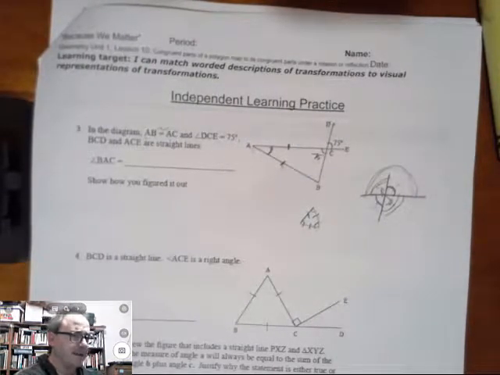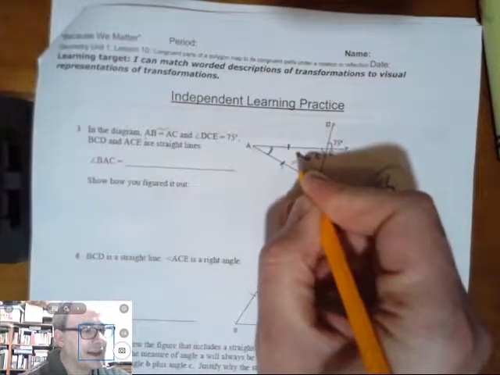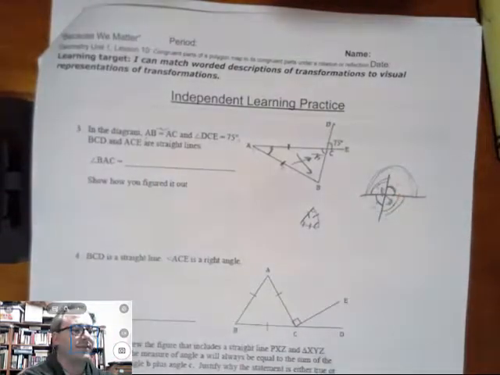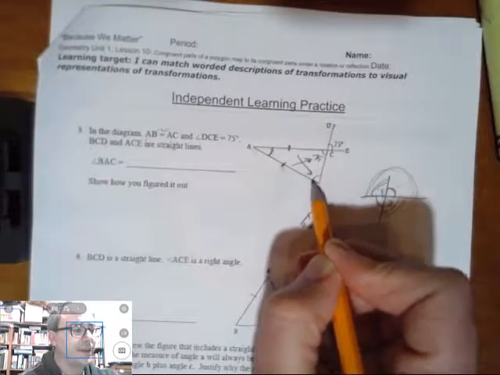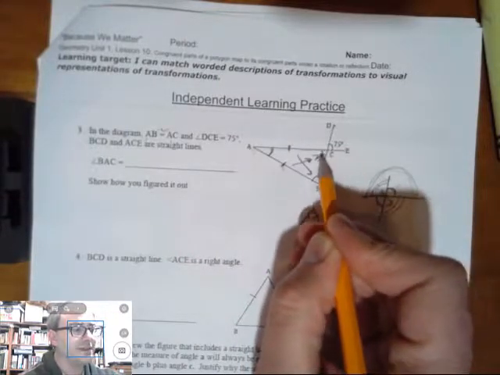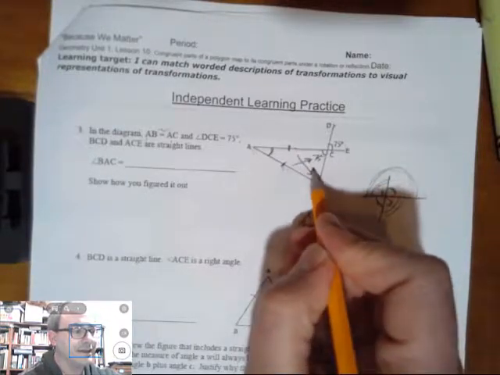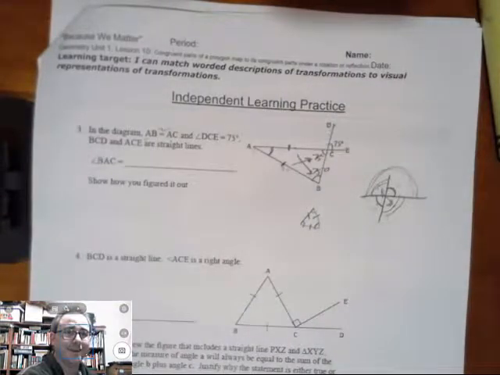When two legs of a triangle are congruent, we will find that the opposite angles are also congruent, just like vertical angles end up being congruent. If this side and this side are congruent, then these two base angles are congruent, which means if this is 75 and these two sides are congruent, that means this angle is also 75. All right, follow me so far?